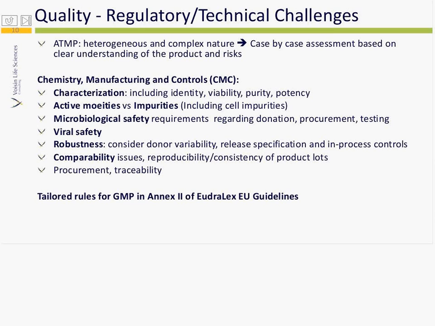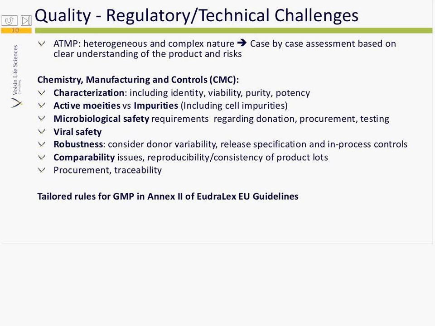Likewise with the impurities: if you have a group of cells that are responsible for the mechanism of action, then the cells that are not responsible become impurities. And sometimes, where this cannot be justified, there is cause for the agency to request that cells are removed from the final product, which obviously can be quite a difficulty. It's important to understand what are the active substance and what parts of the product are impurities.